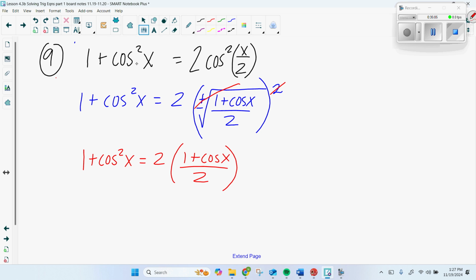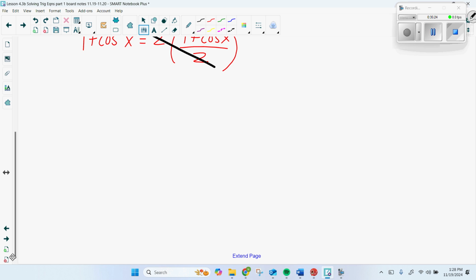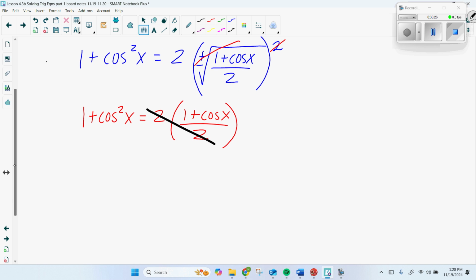So you see how I just kept everything the same, I just got rid of the square root. What do you see now as far as simplifying? Yeah, these 2's can cancel out, which is lovely. It actually ends up not being too bad. So the square roots canceled out, and then the 2's canceled out.